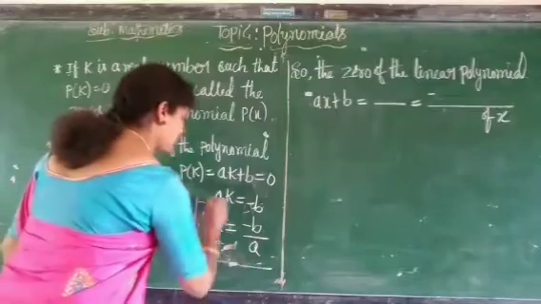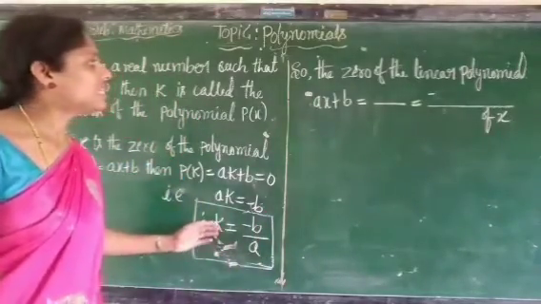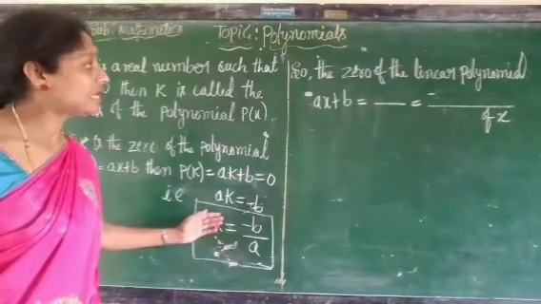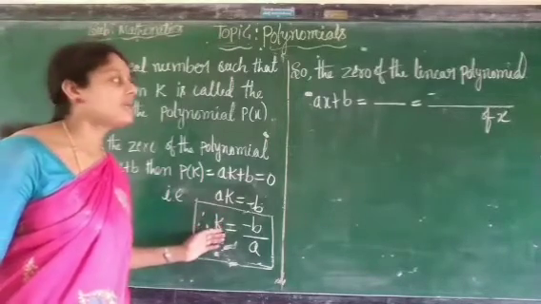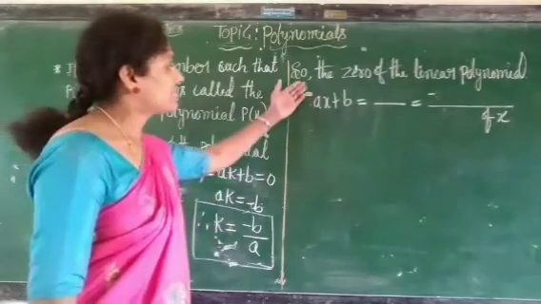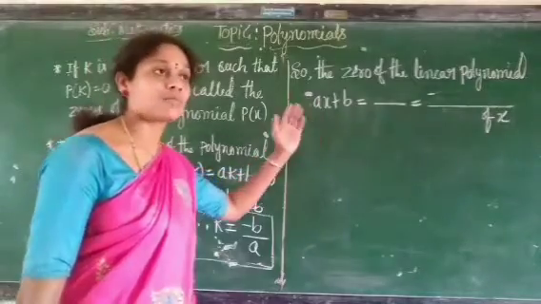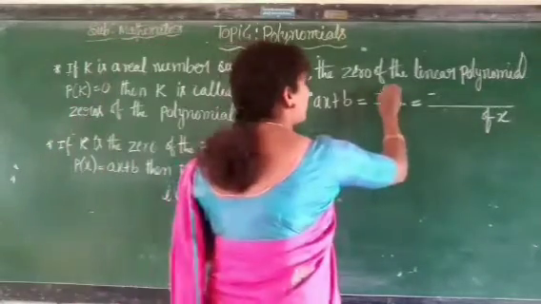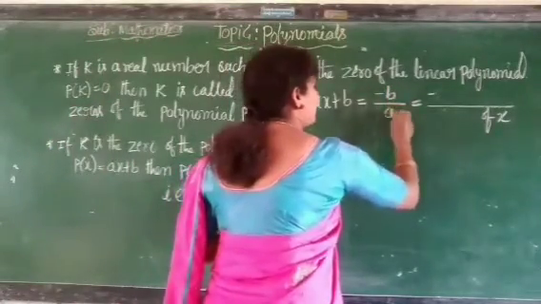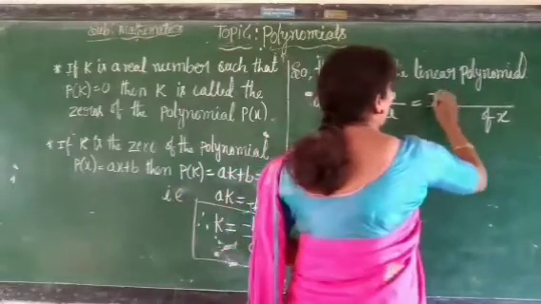So, the zero of the linear polynomial ax plus b is equal to minus b by a, which is minus the constant term divided by the coefficient of x.